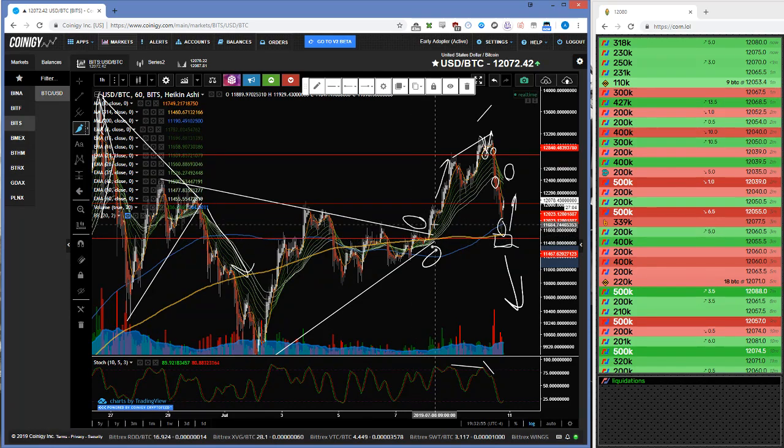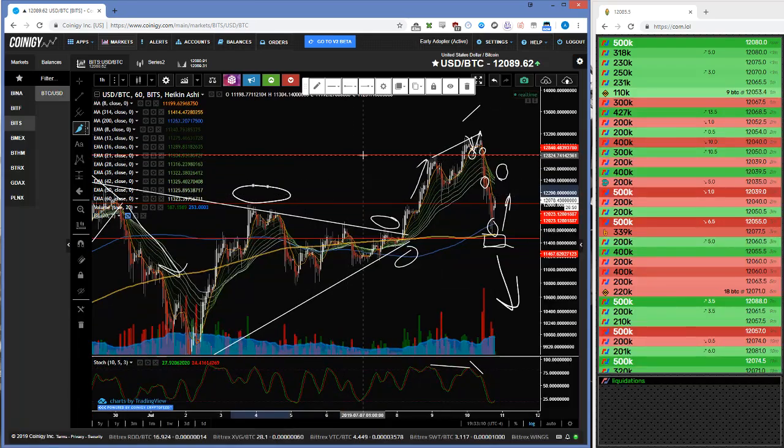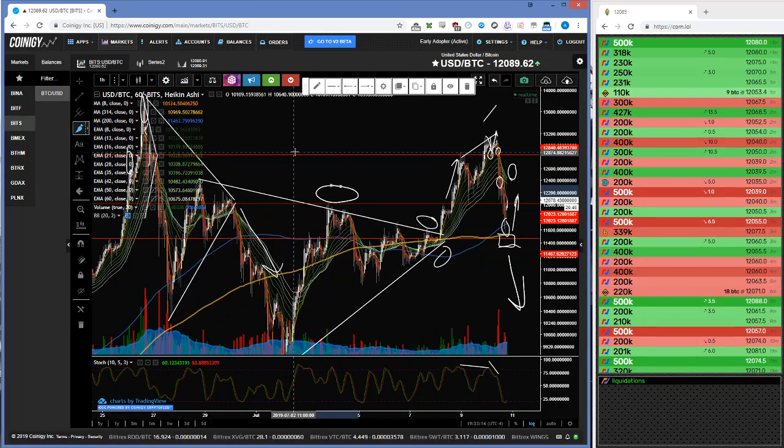I had my stop here, right? And then also at previous highs. So we had a previous high at 12K, so you expect a lot of stops around here, and this is an important level as well, 13K. It's a big number, so you have a lot of stops here.